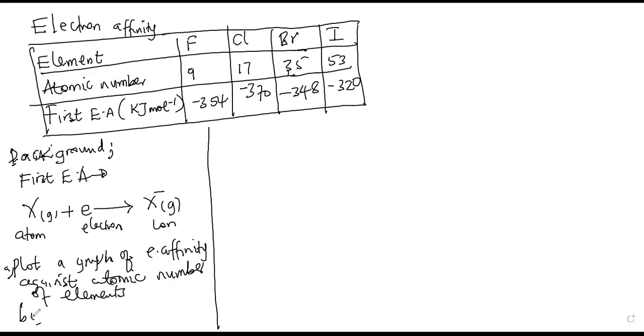B, Roman 1: explain the general trend in variation of first electron affinity, not ionization energy, first electron affinity.